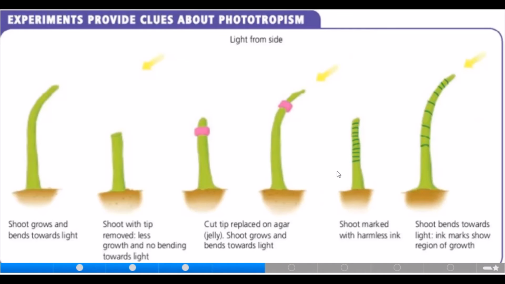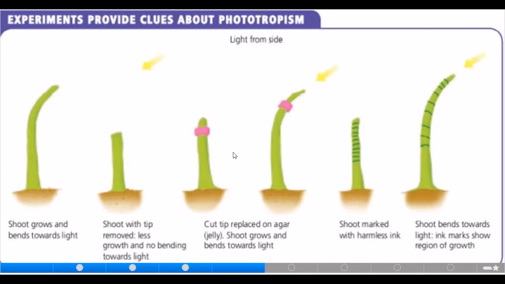Okay, moving on. This slide is showing us a series of experiments to provide clues about phototropism. In the first experiment, the shoot grows and bends towards light because the light is received from one side. The second image shows a plant with the shoot tip removed, so there is less growth and no bending towards light.